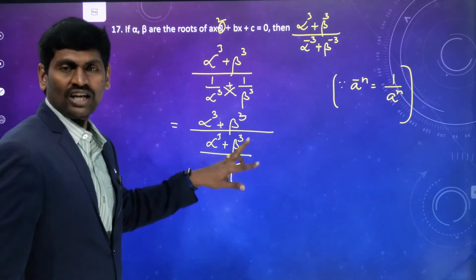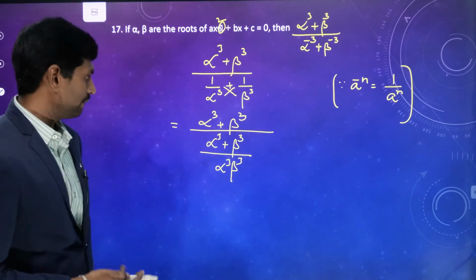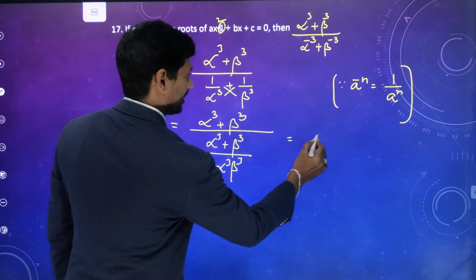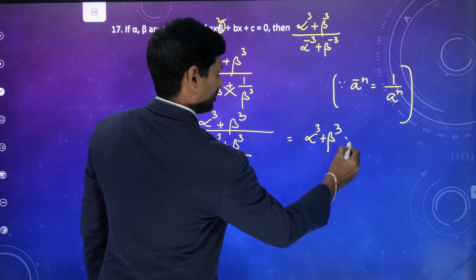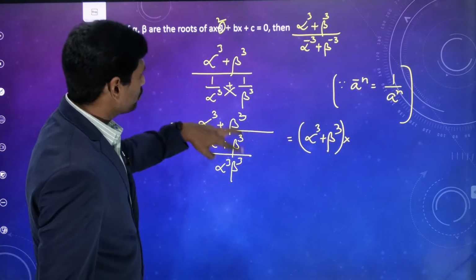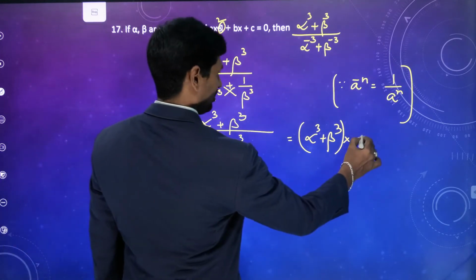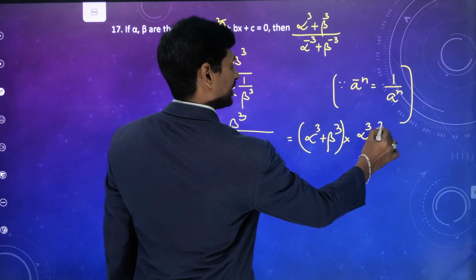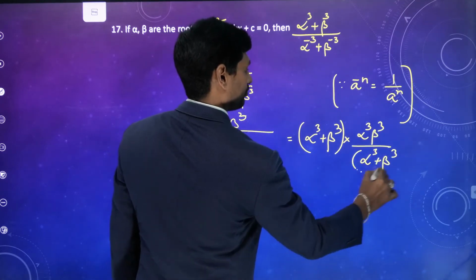Now denominator fraction, when you take it into numerator, it will be reciprocal, right? Yes, I can write now alpha cube plus beta cube into, this will be transposed to numerator. That means when we take it into numerator, it will be alpha cube beta cube by alpha cube plus beta cube.